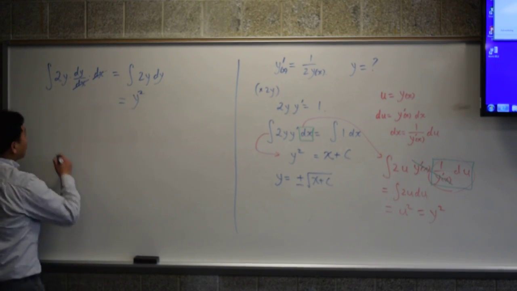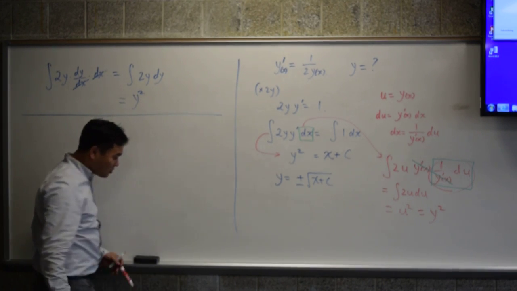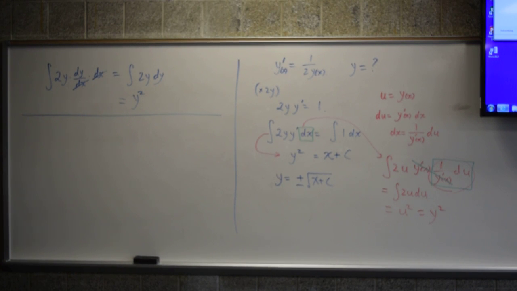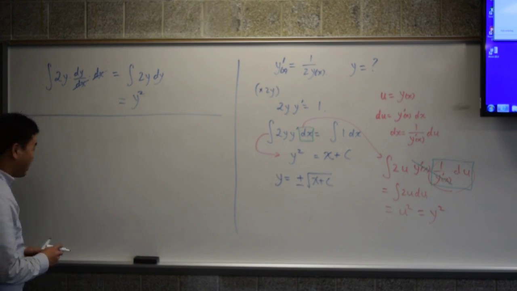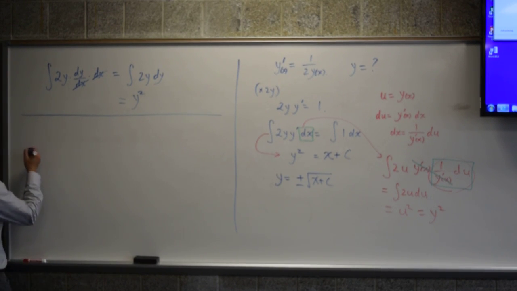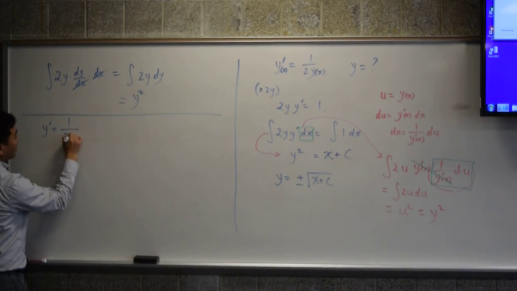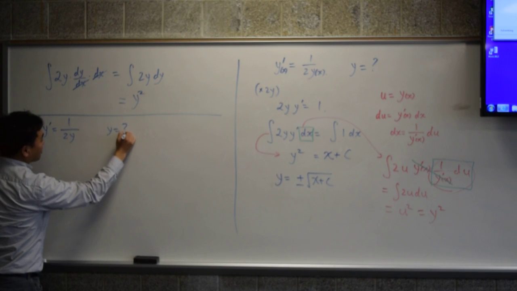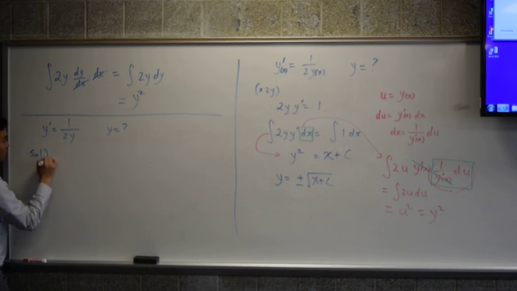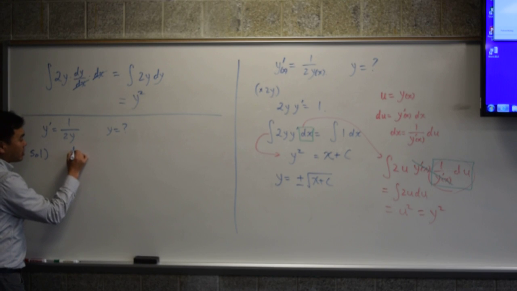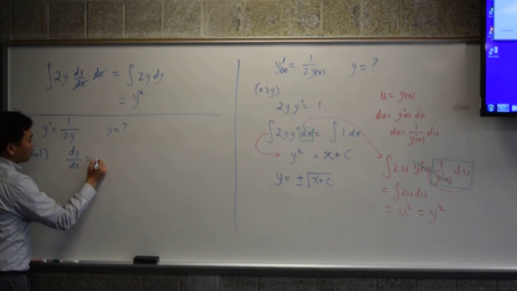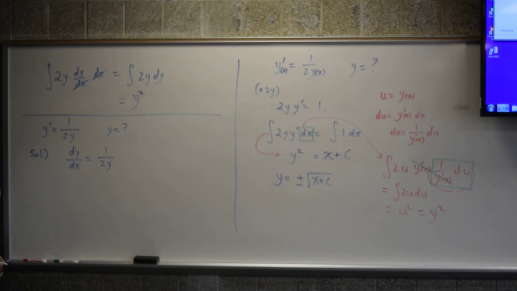Okay. Let me show you the most simplified version, and then you will understand why I'm calling this section separable equations. Again, if the question is y prime equals 1 over 2y, the simplest solution is the following. Step 1, if you have to, rewrite using the Leibniz notation, because it is much better for these questions.